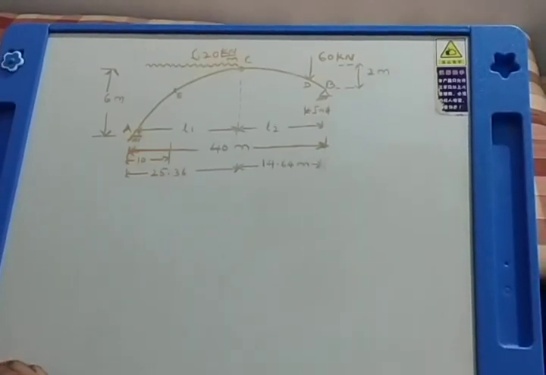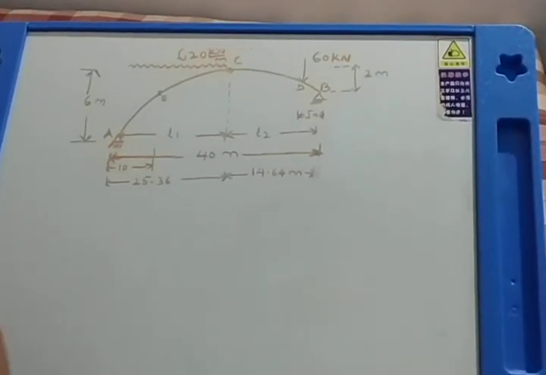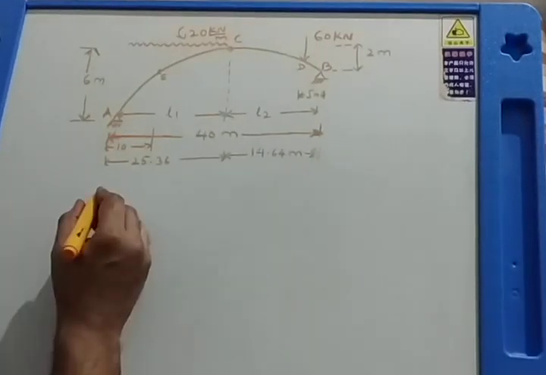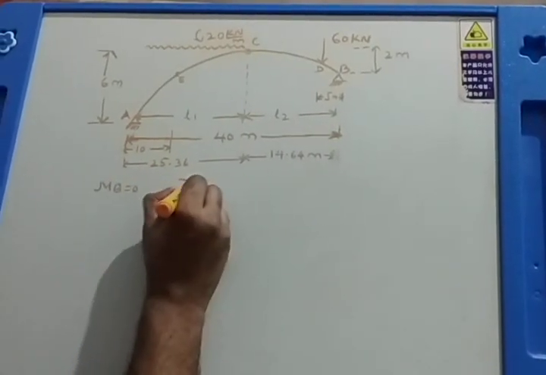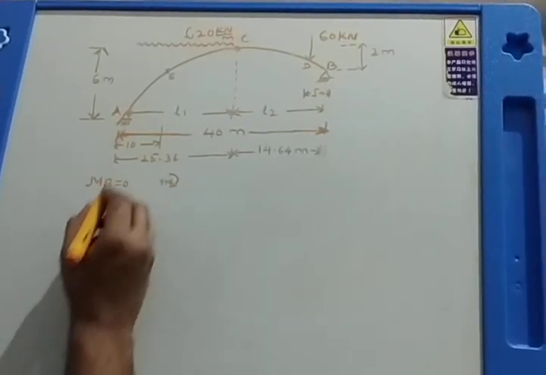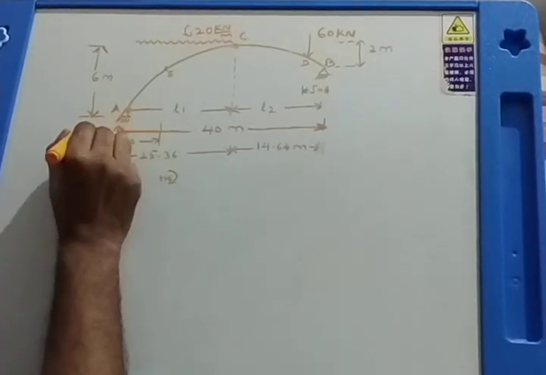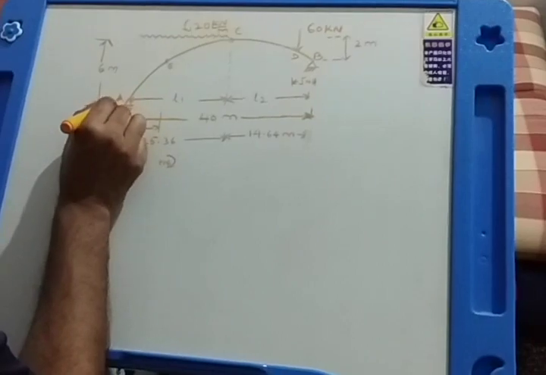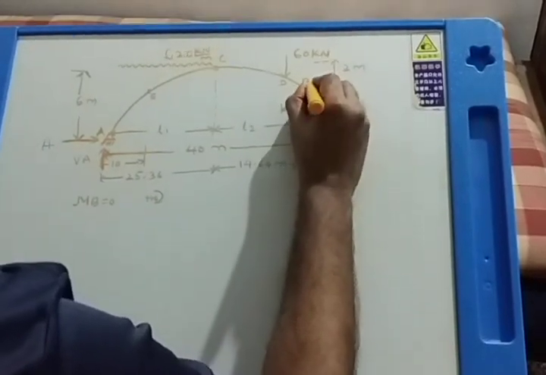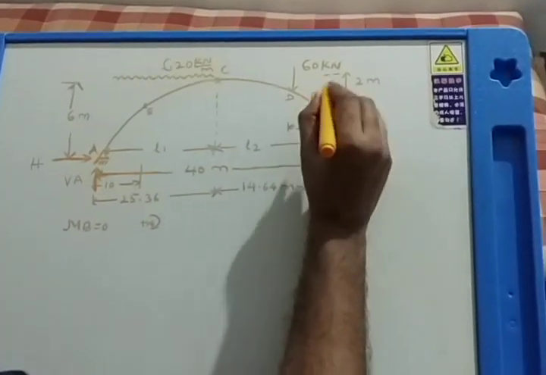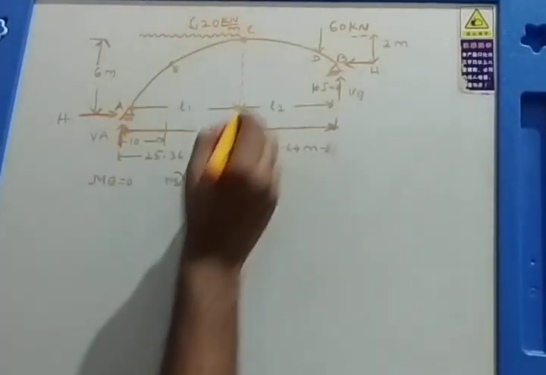For getting the reactions, let us take moment at B equal to 0 with clockwise positive. So I call this reaction VA, horizontal thrust H acting, reaction VB, horizontal thrust H. So let me take moment at B equal to 0 with clockwise positive.